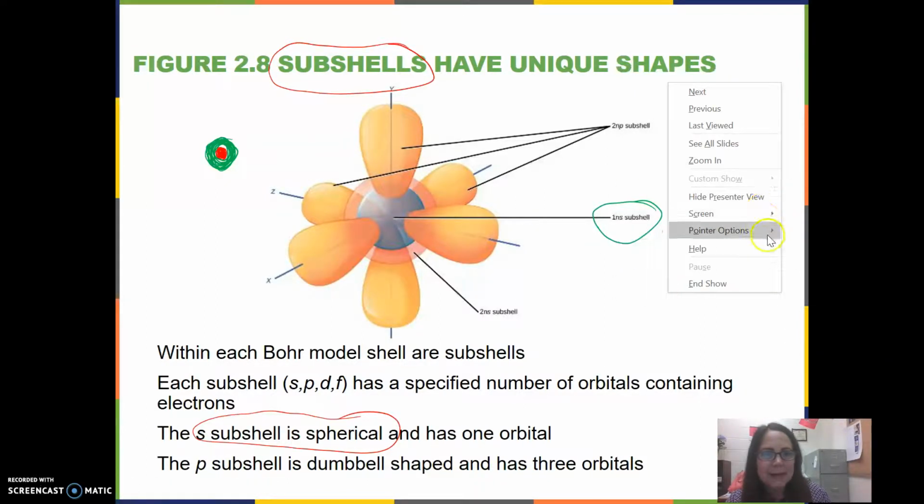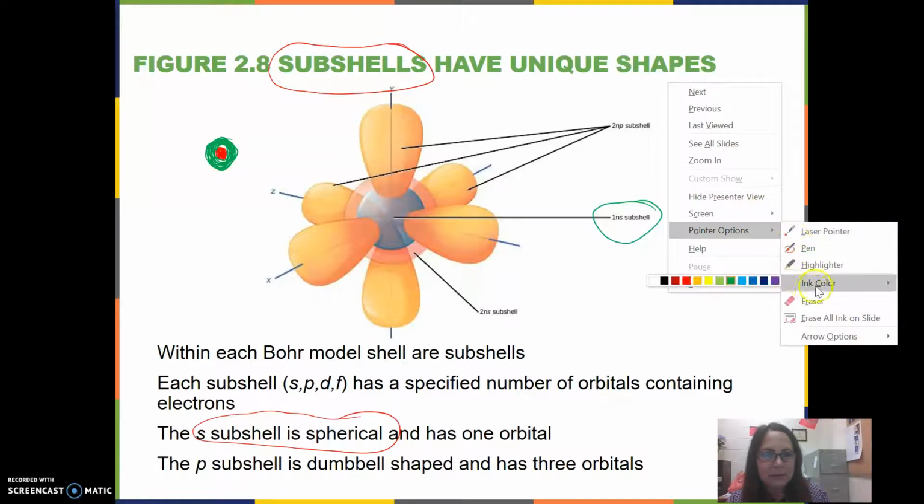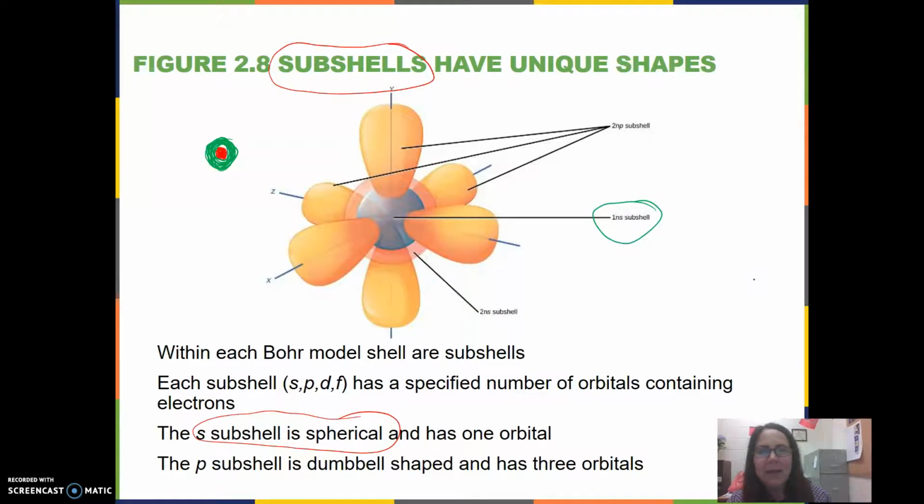Now let's change the color. Let's go with blue. Let's say that you have more than 2 electrons, something like sodium. Sodium has 11 electrons. The first 2 electrons are going to be within that green region, the 1s subshell, the first energy level S subshell.